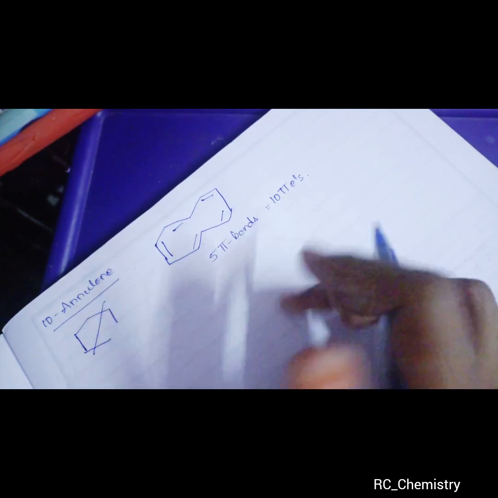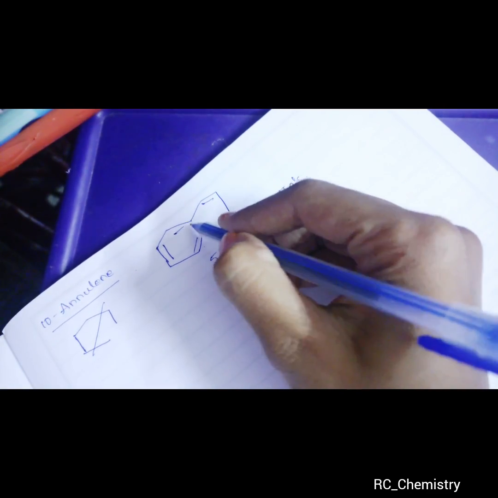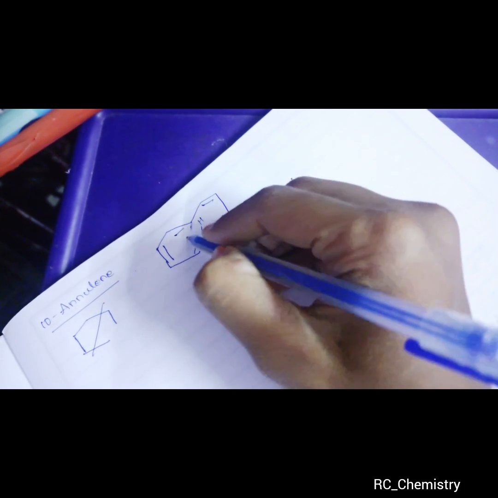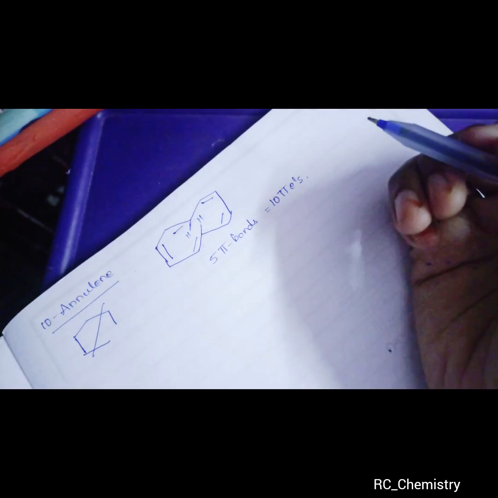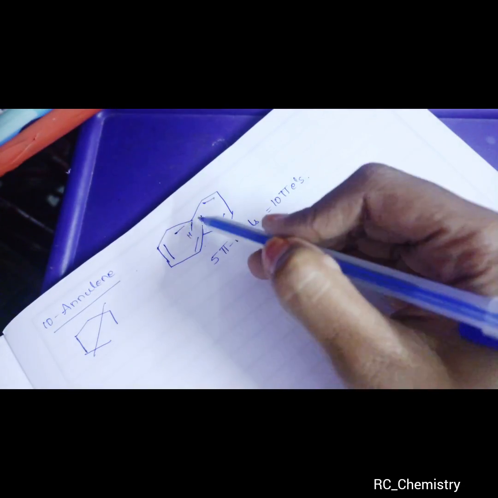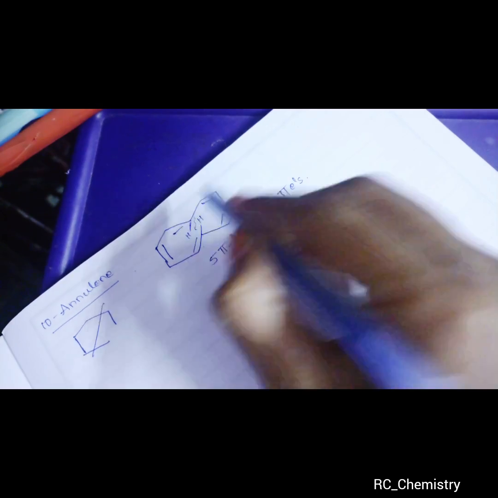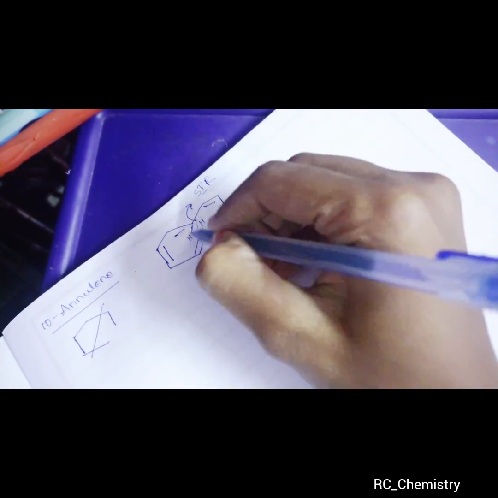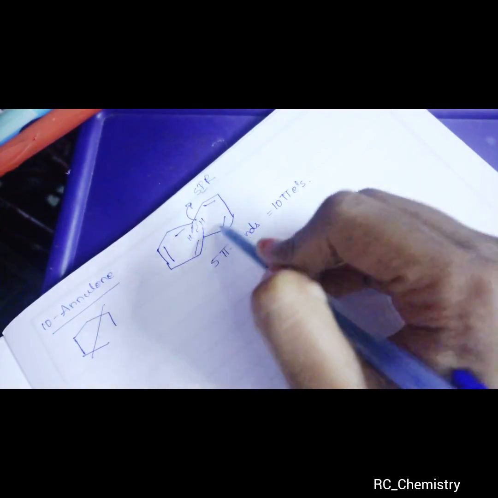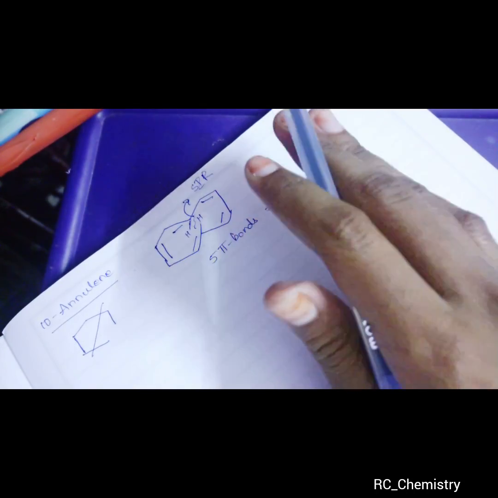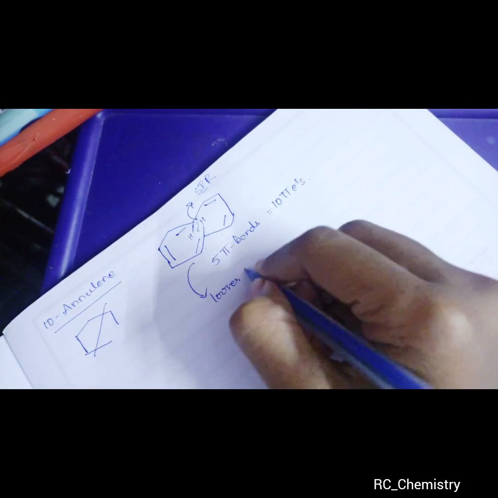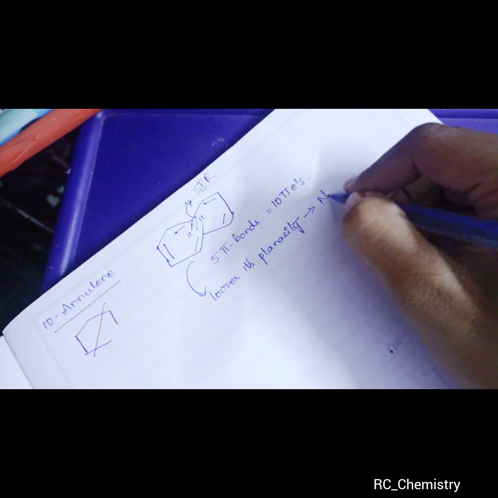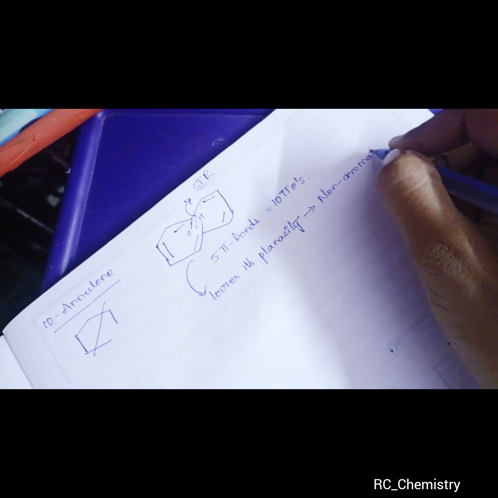But if we look at the fused positions, 2 hydrogens are present like this. These 2 hydrogens repel each other, creating steric crowding, which increases the steric repulsion at this center and disturbs the whole planarity of the molecule. As a result, it loses its planarity and results in the formation of a non-aromatic compound.